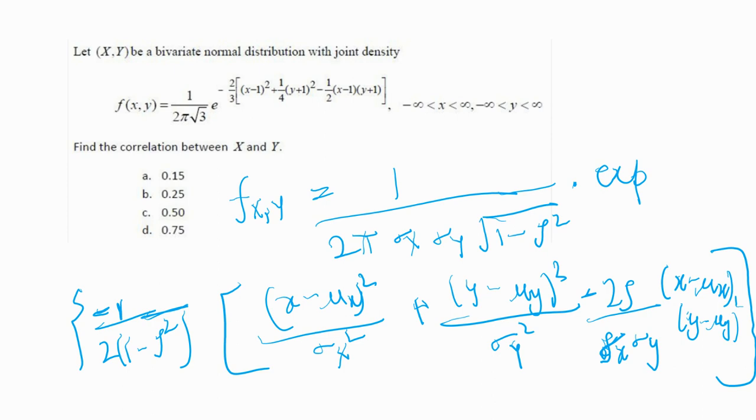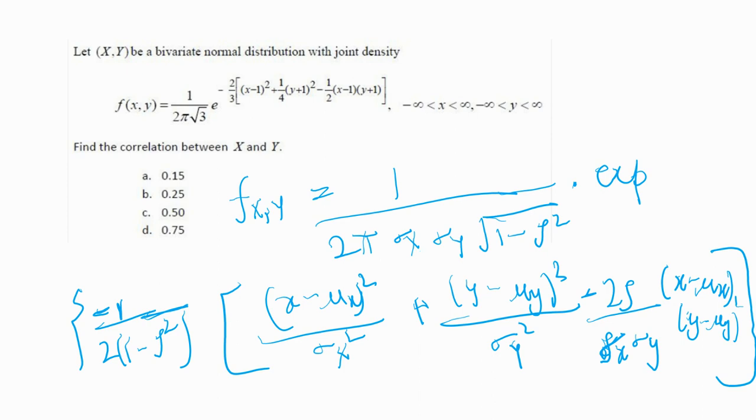Let's just say x and y are independent. In the case of independence, this rho will be 0. So you will have 1 upon 2 pi sigma x, because for the first one it will be 1 upon root 2 pi sigma x. So in the multiplication, 1 upon 2 pi sigma x sigma y.